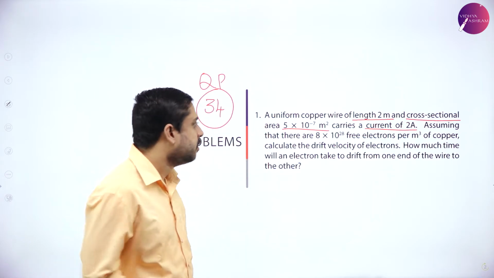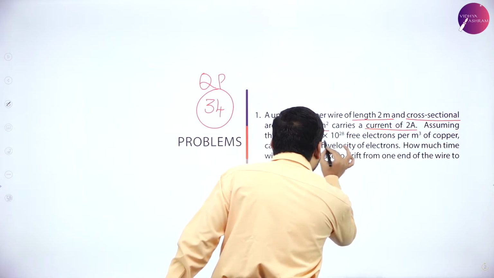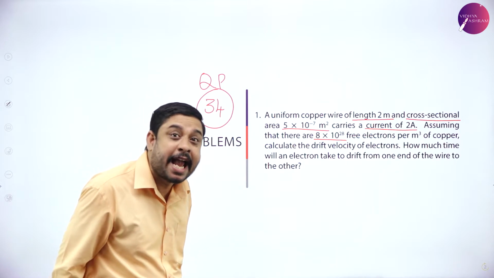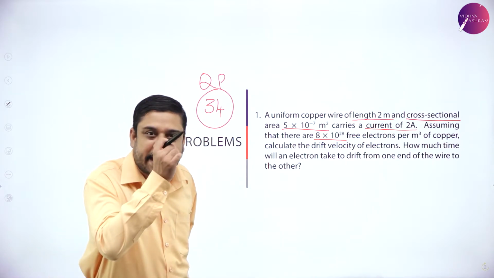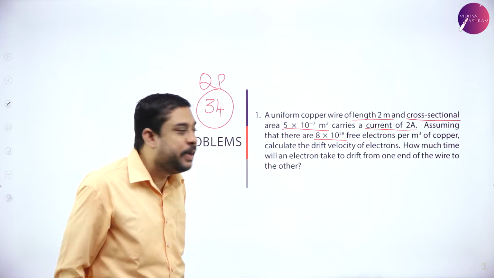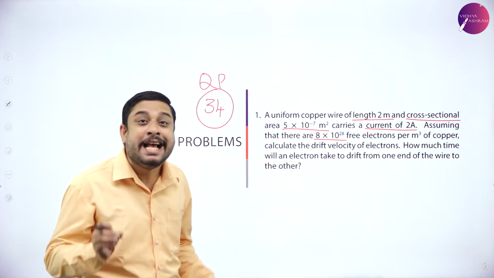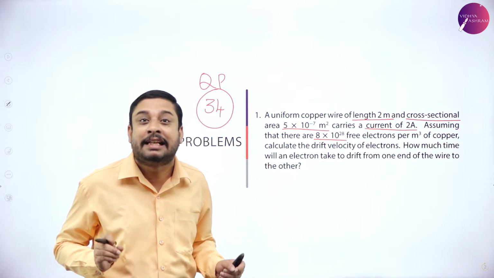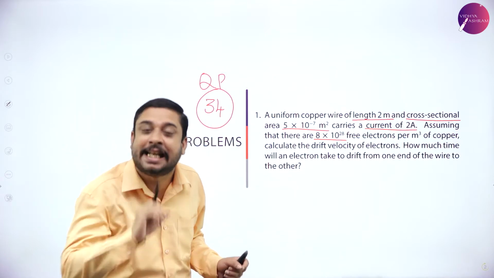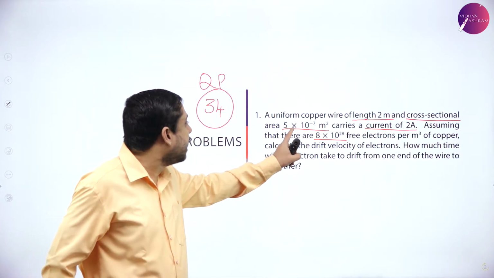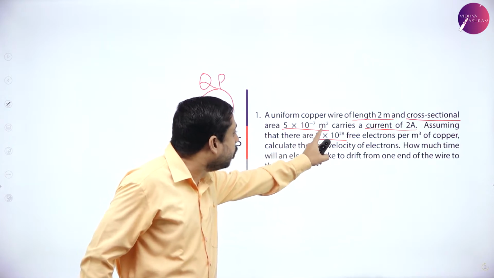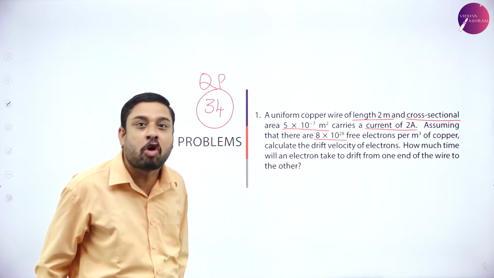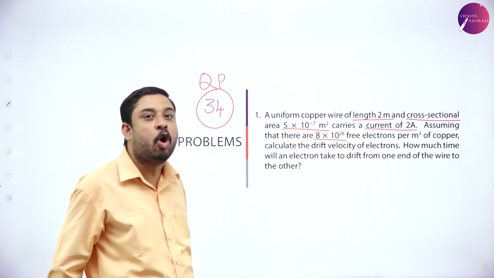Assuming that there are 8 into 10 power 28 free electrons per meter cube of copper, number of electrons per meter cube, that is what we call electron density. So there are 8 into 10 power 28 free electrons per meter cube.